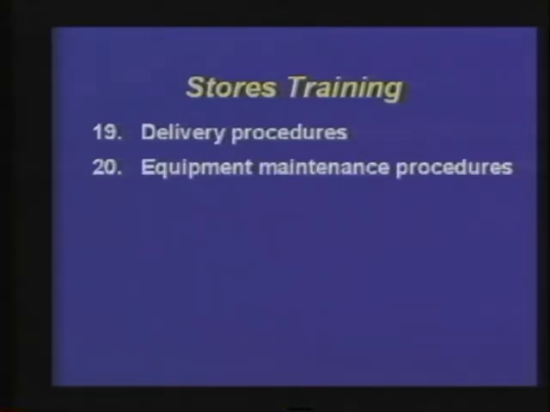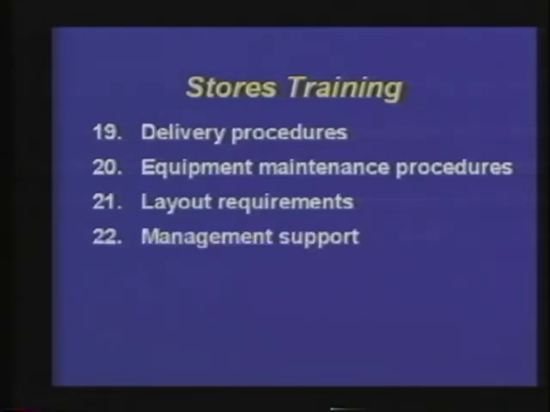And 20, the equipment maintenance procedures that we would maintain the equipment within the storeroom. 21 addresses the layout, and 22 are the types of management support that we may need, like the support for 100% security of the storeroom.